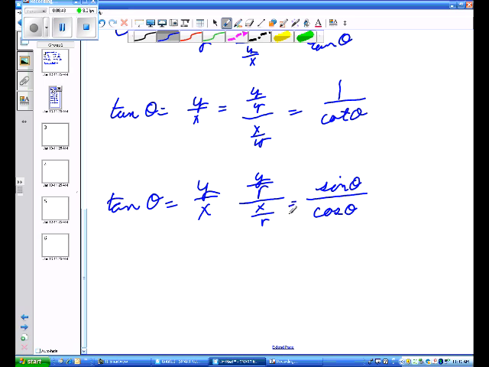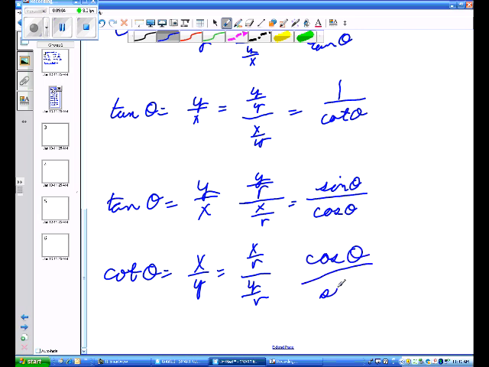So the tangent is also equal to the sine of theta divided by the cosine of theta. If we dealt with the cotangent, well, it's x over y, and let's divide each one of those by r. So x divided by r and y divided by r would give us cosine of theta over sine theta.